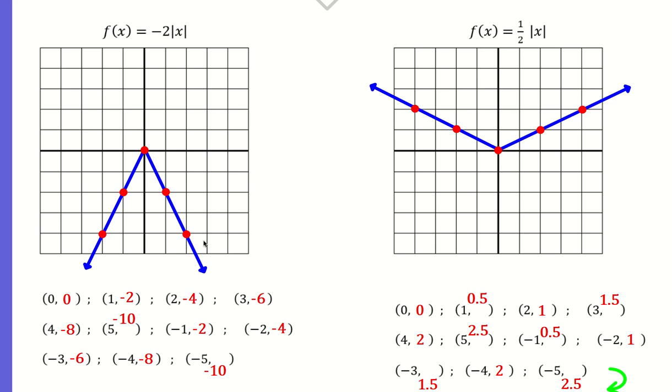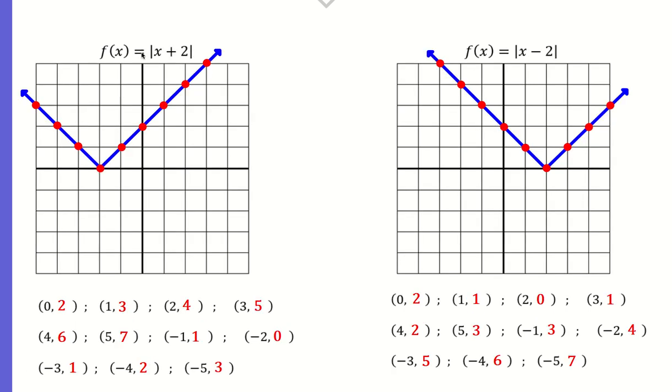You can consider this negative 2 not just the negative part turning it upside down, but the entire negative 2 is kind of like the slopes. So notice how we go down 2 over 1, down 2 over 1, and in both directions, down 2 over 1.